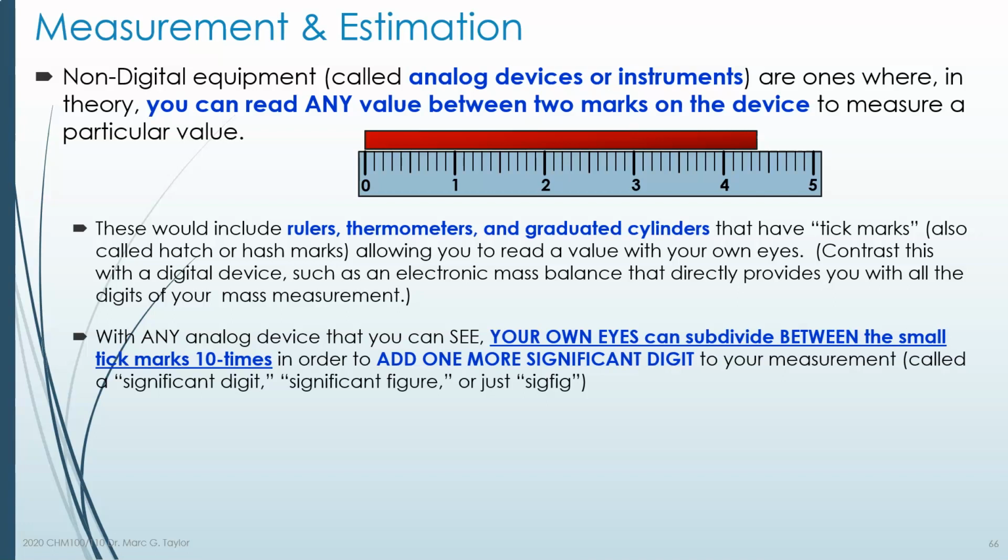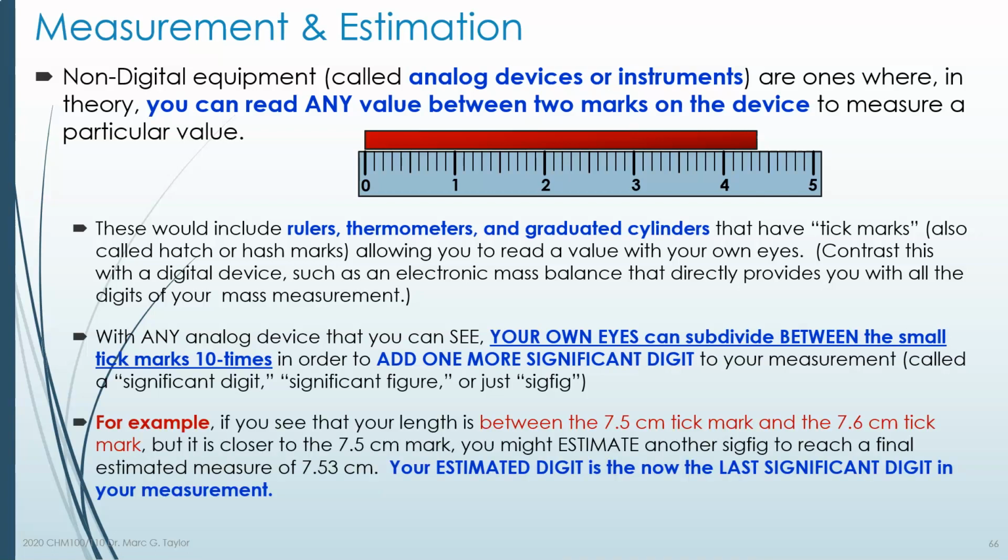So anytime you have an analog device, you can always add one more significant digit, one more decimal place beyond what the instrument reads in terms of its smallest tick mark. For example, not in this particular case, but let's say you had a length that was between 7.5 centimeters and 7.6 centimeters as marked by the tick marks on your ruler.